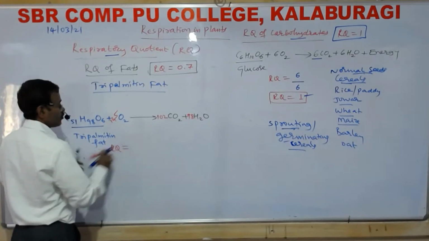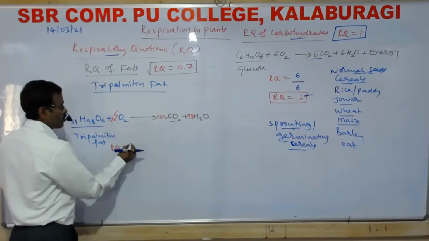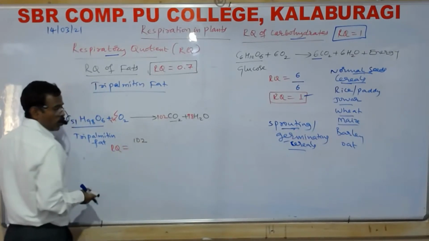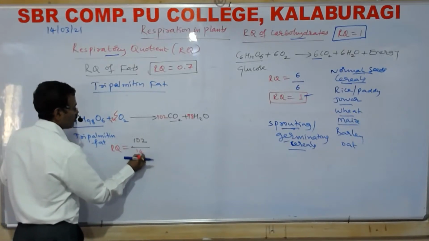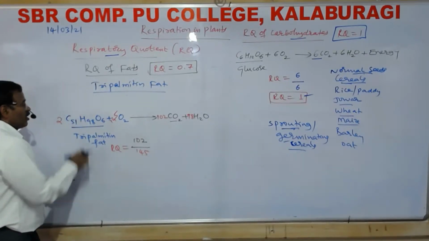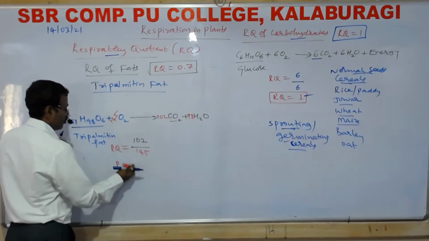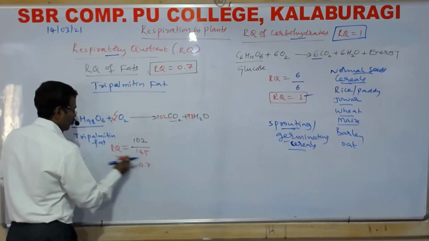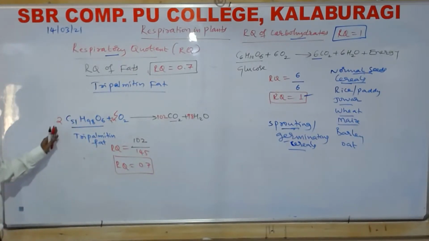RQ is equal to the volume of carbon dioxide liberated. What is the volume of carbon dioxide liberated? 100. The volume of oxygen consumed, how much? 1.1. You have to check now whether the equation is balanced or not. RQ is equal to 0.7.